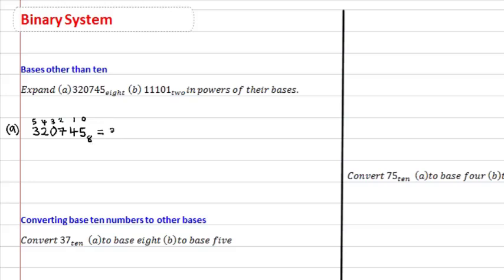So let me write it now. 3 times 8 raised to power 5, plus 2 times 8 raised to power 4, plus 0 times 8 raised to power 3, plus 7 times 8 raised to power 2, plus 4 times 8 raised to power 1, plus 5 times 8 raised to power 0.